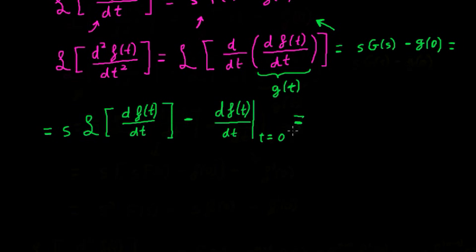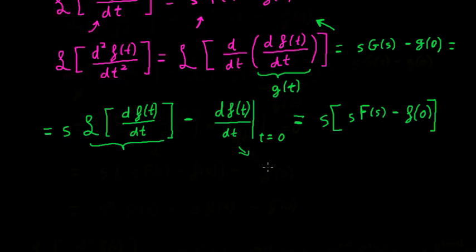That is, s times, I open a bracket, and here we have to write this, which is s times capital F of s minus f of 0, and this part here is simply f prime evaluated at 0. So here we have minus f prime of 0.